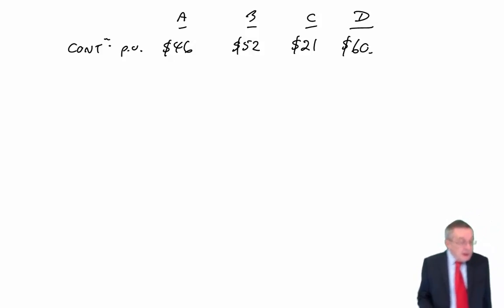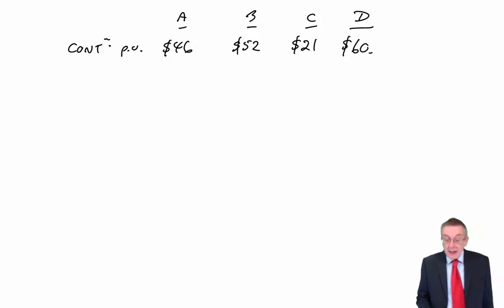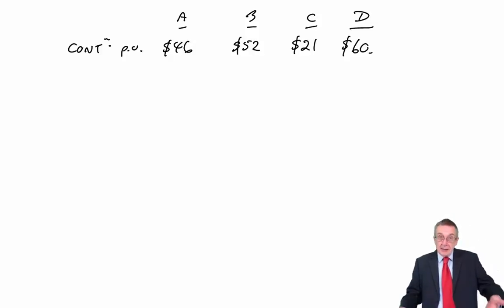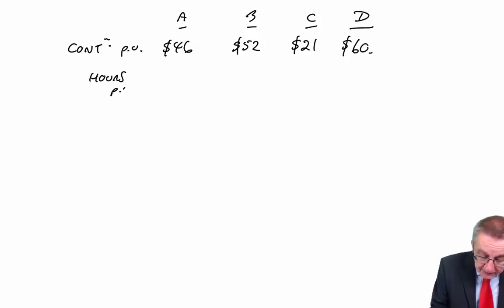I said in one of the earlier questions, in fact the previous question I think it was, if you prefer, look at sales less variable costs. It's quicker to take profit, add on the fixed. That's how much per unit, but our limited resource, our problem, is the hours available.